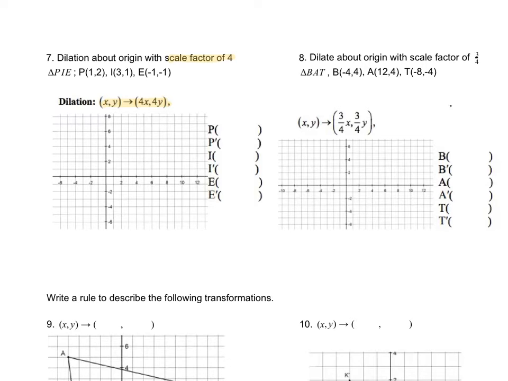So I'm going to start by graphing my original triangle. P is at 1, 2, I is at 3, 1, and E is at -1, -1. I'm just going to rewrite these points in my parentheses here.